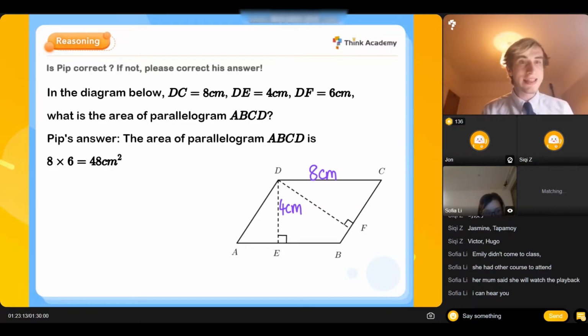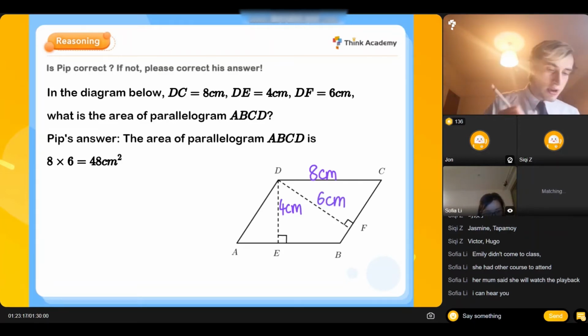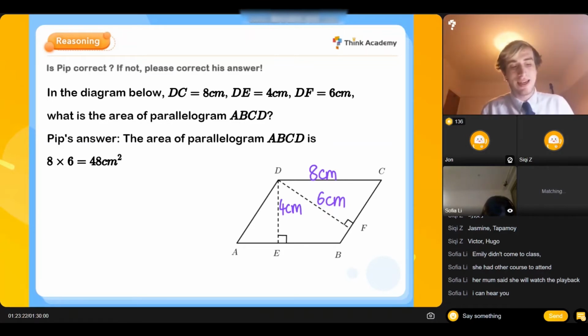DF equals 6 centimeters. So that's D to F. So we're going to write that too. So we've got one length around the outside here and 2 possible heights. So Pip's working out the area, and Pip says that the area is 8 times 6 equals 48 centimeters squared.